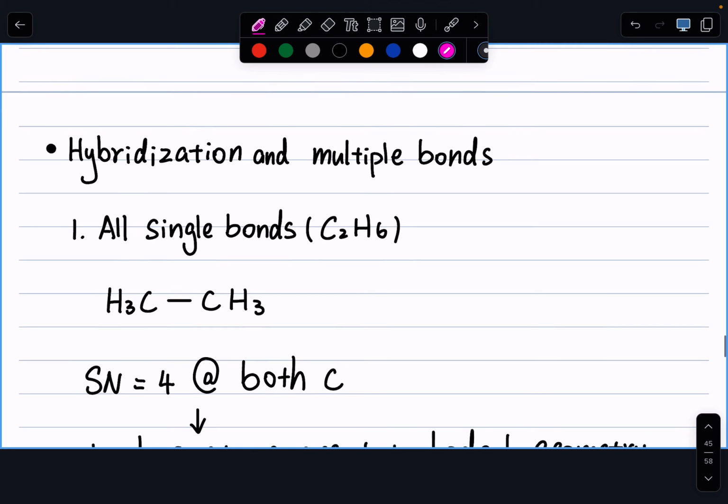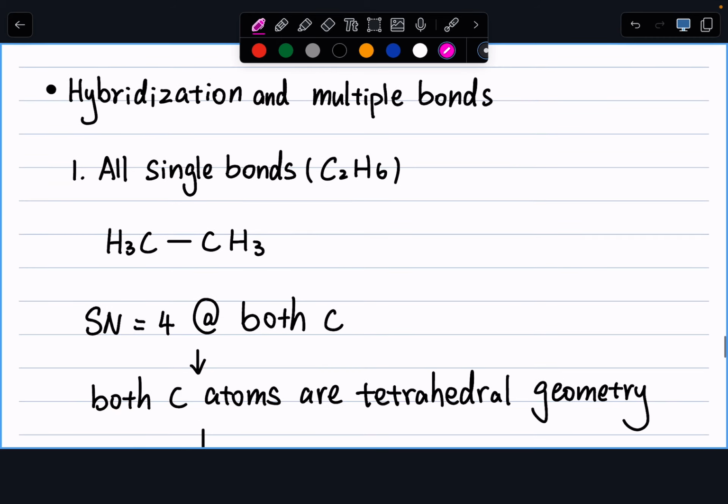So looking at ethane, CH3, CH3, all single bonds. We look at the steric number on each carbon, and each steric number equals 4. So all my carbon atoms will have tetrahedral geometry and also be sp3 hybridized.